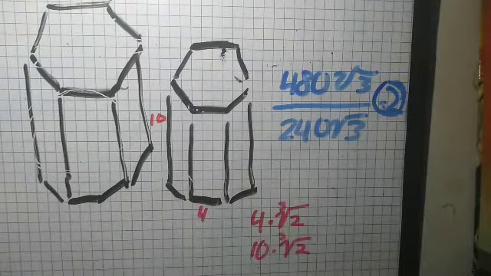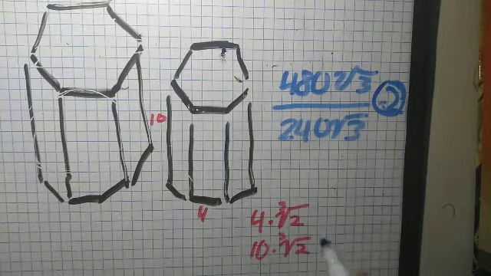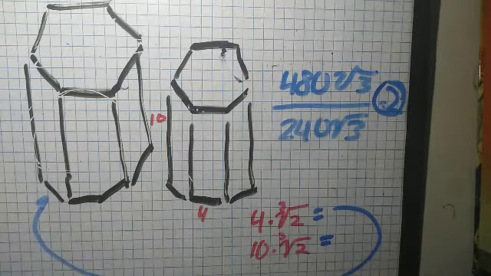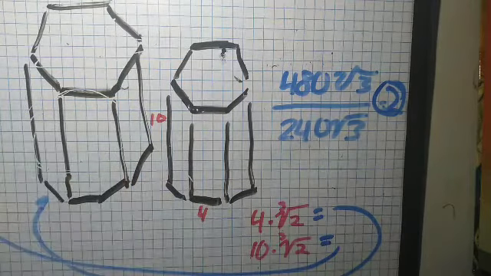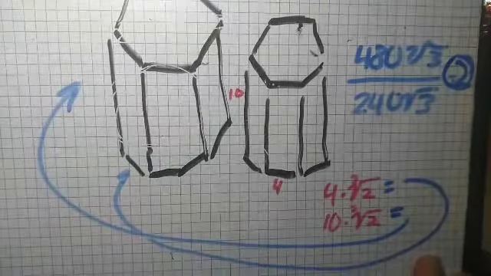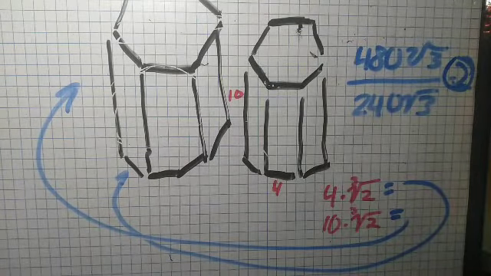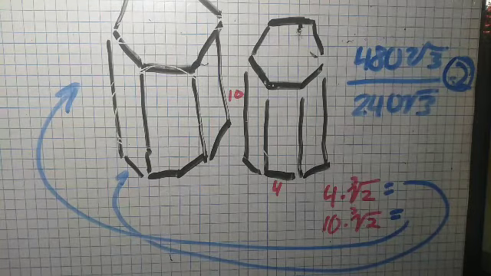And if you solve that, that is equal to the width and the height of this larger hexagonal prism. Whew, alrighty. Thankfully we have that solved. That cleared some things up. Good stuff.